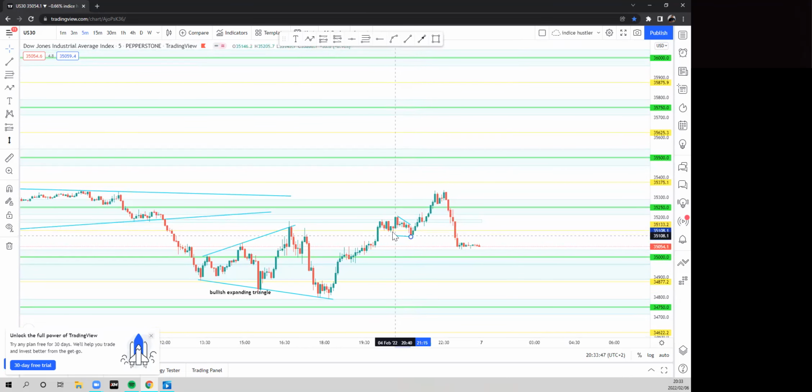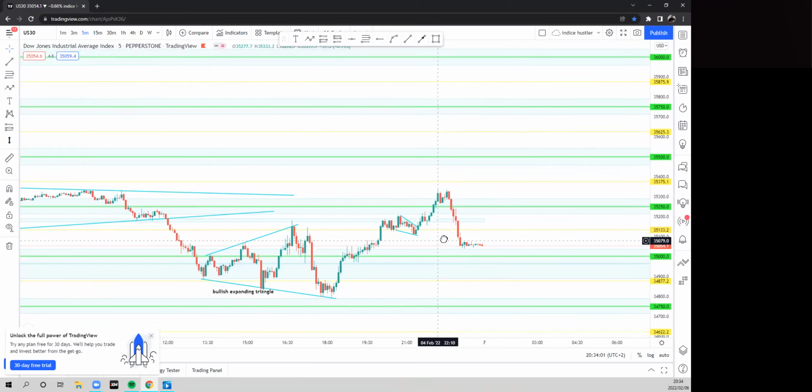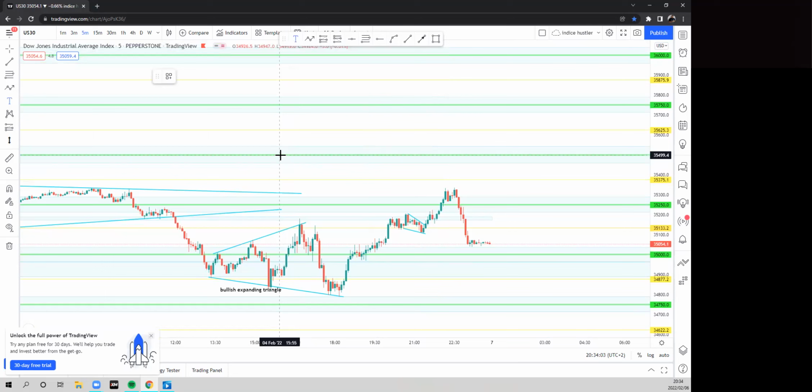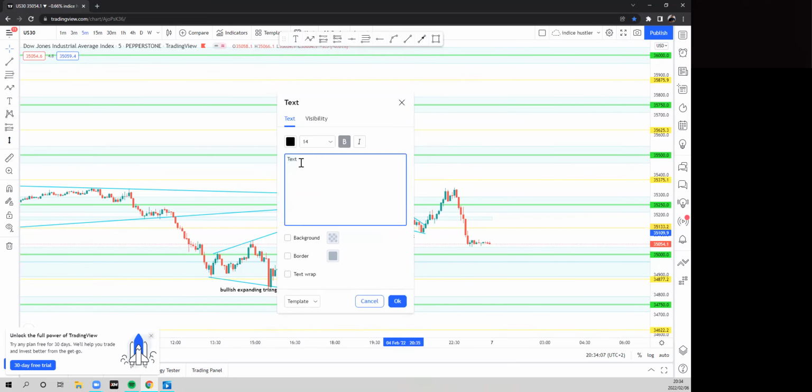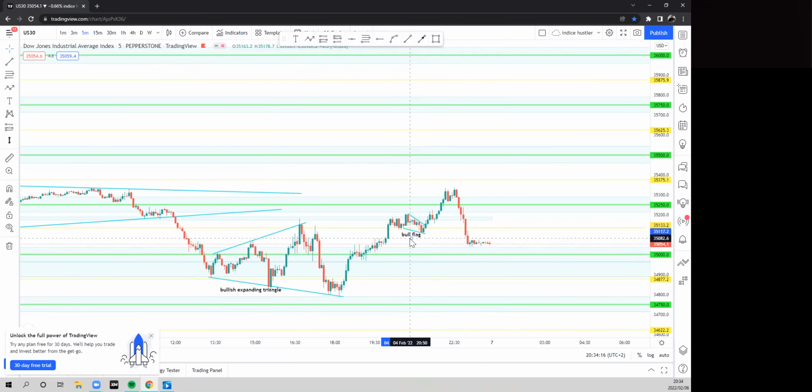We want to neaten this. Add in text. And I lock that in also.